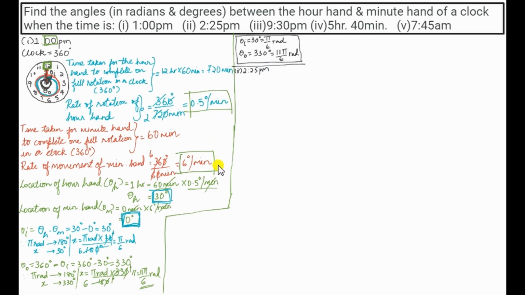So in the following questions, we simply have to multiply the rate of movement of our hour hand and minute hand by their respective times, that is 2 hours plus 25 minutes for the hour hand, just 25 minutes for the minute hand, to get the location of our hour hand and minute hand. After that we will be able to find the inner angle and the outer angle. So before doing that, let us mark the position of our time in our clock.